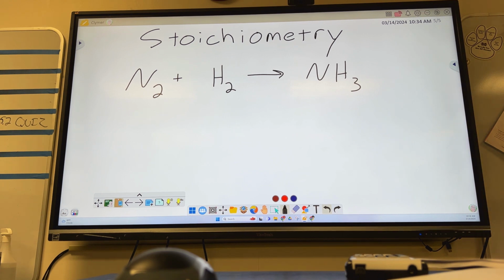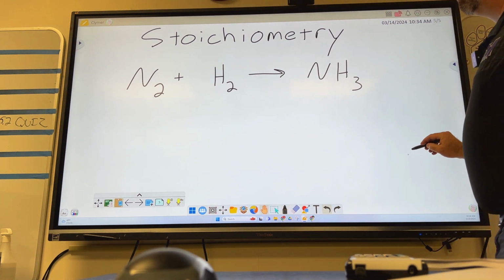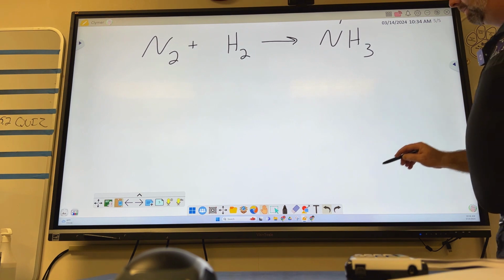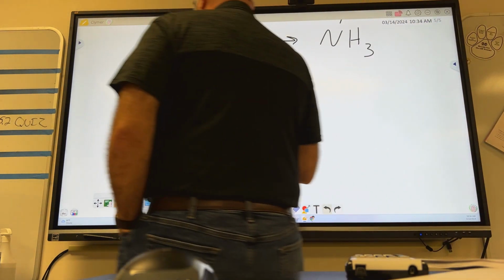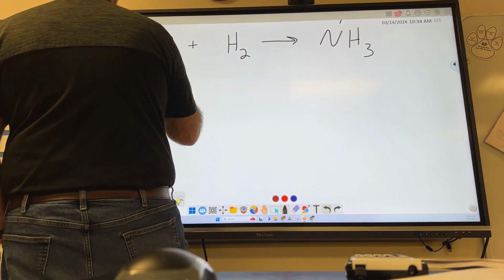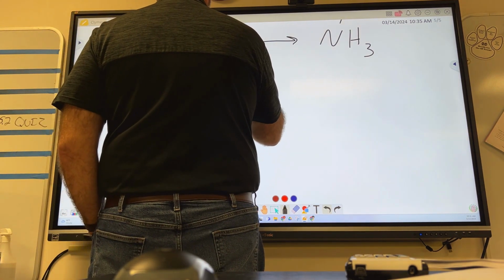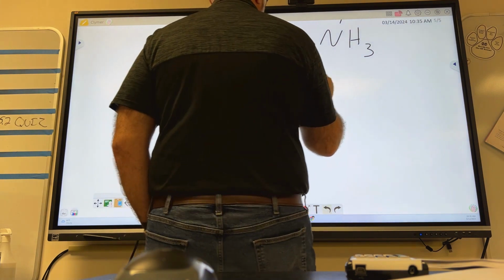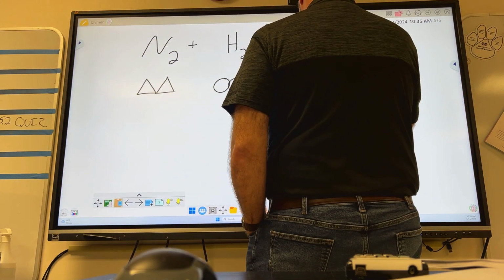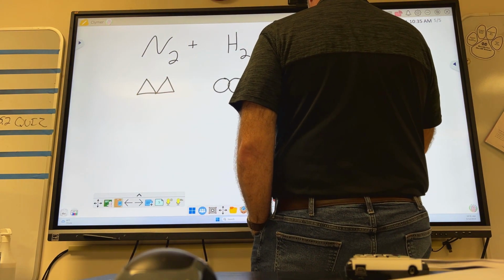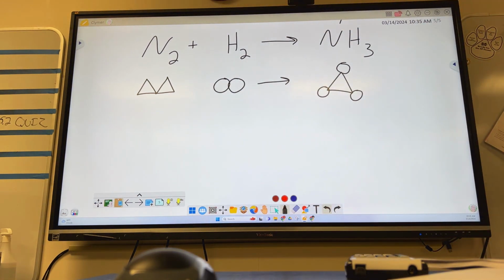And I'm going to represent this symbolically, like this. Triangles and circles. You're writing this in your books, drawing this, whatever.